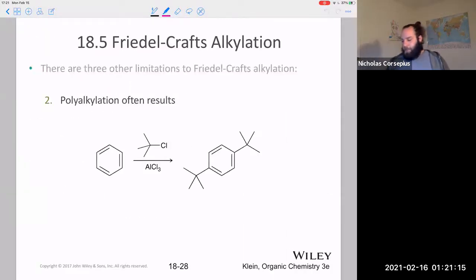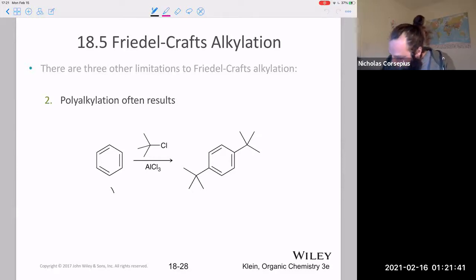Second limitation, and I don't know that I would really categorize this as a limitation as much as something that we just need to be mindful of, is you will often have polyalkylation that results. That really just means that you need to take a little bit more care when you're doing these particular reactions if you really only want the monoalkylated product. But nonetheless, it's just something that we want to keep in mind.